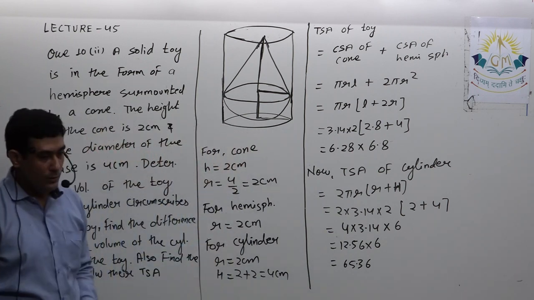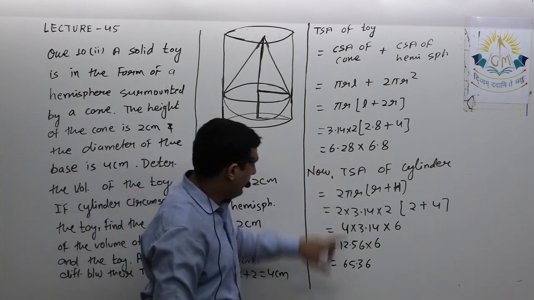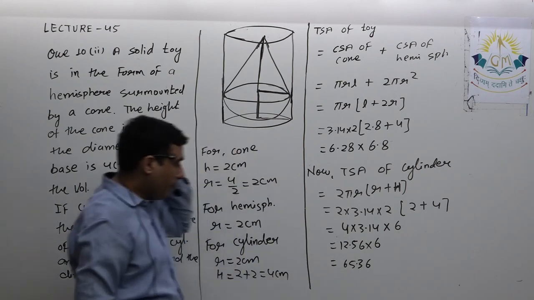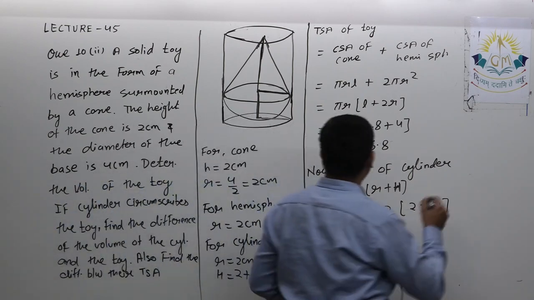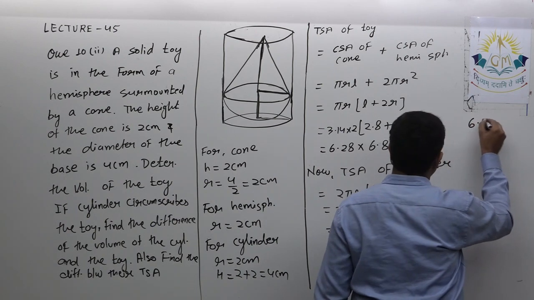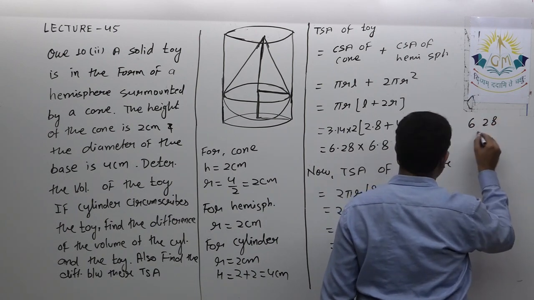This is 65.36. So now you have TSA of toy and TSA of cylinder, so you can find their difference easily. Let me calculate this as well. It is 6.28 and 6.8.